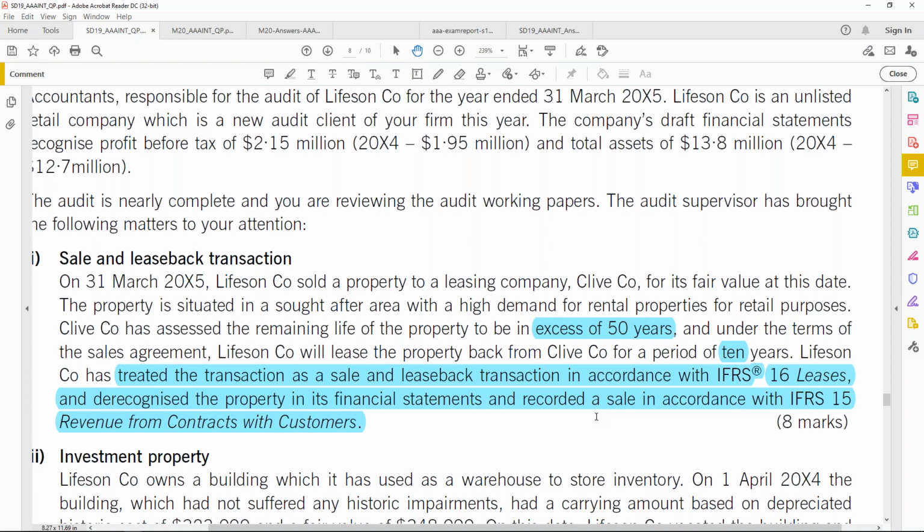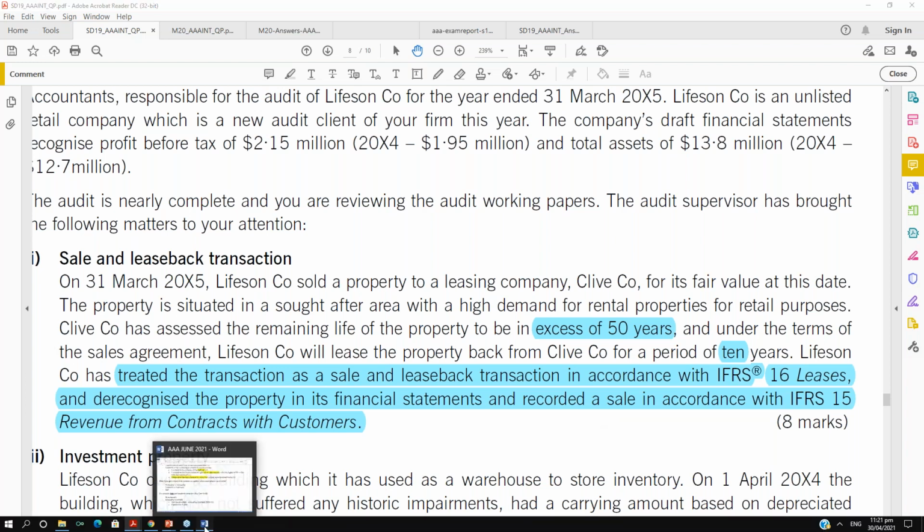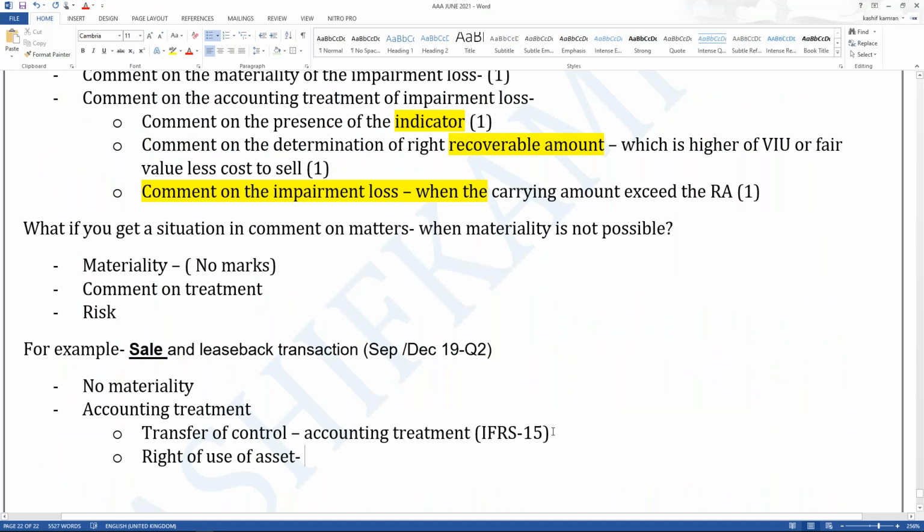So, is Lifeson company right in de-recognizing the property from the financial statement? Yes. But you need to write the accounting treatment of the transfer of control to justify that the accounting treatment adopted by Lifeson company is right. So, Lifeson company is right.